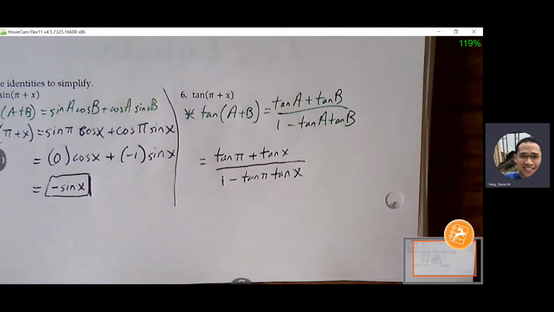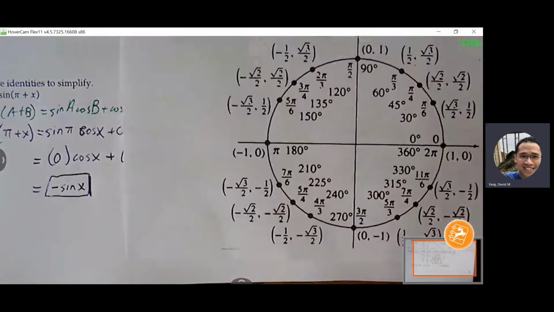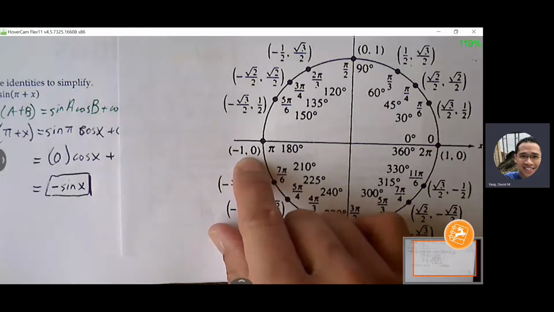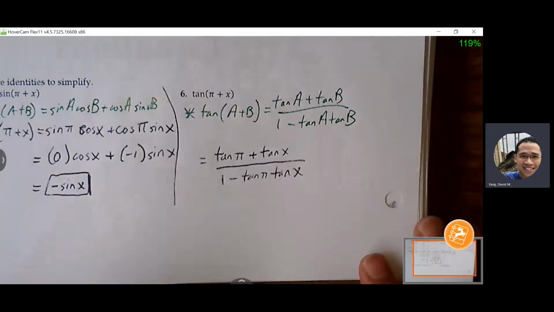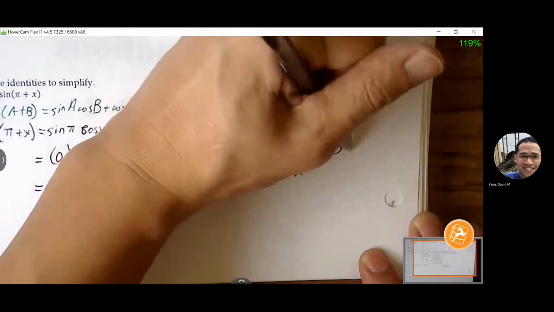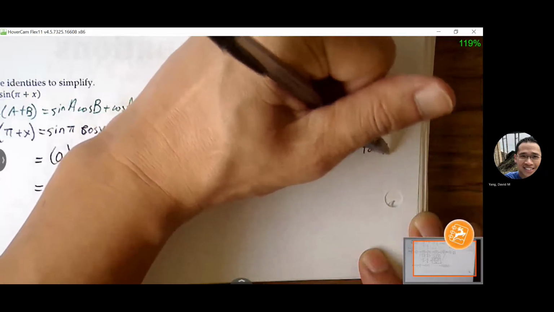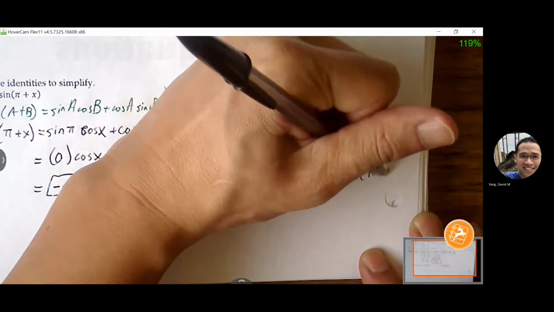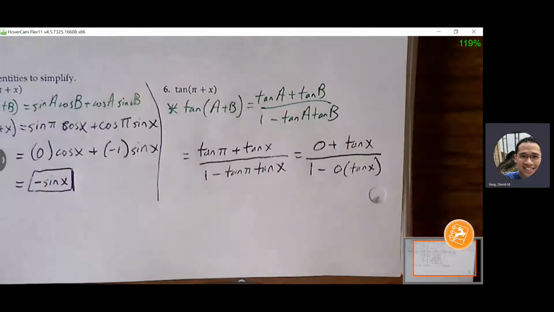Can't do much with tangent of x, but we can get something going with tangent of π. Tangent of π, y over x, 0 over -1, so that's just 0. Looks like the denominator is going to mostly go away except for the 1. I'm left with tangent x over 1, which is just tangent x.